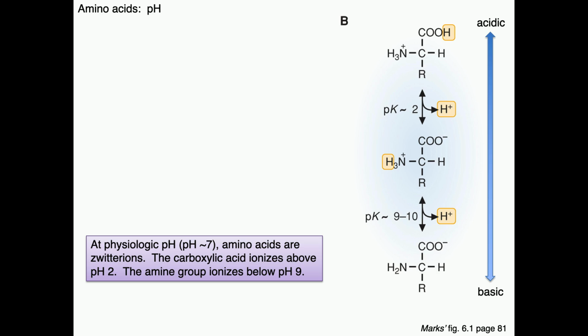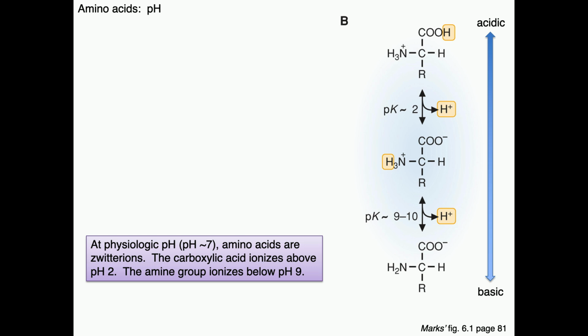This will then be in the minus form, while the amine group is still going to be in the positive form. If you increase the pH well beyond physiological pH, then you will deionize the amine group and have a net negative charge.